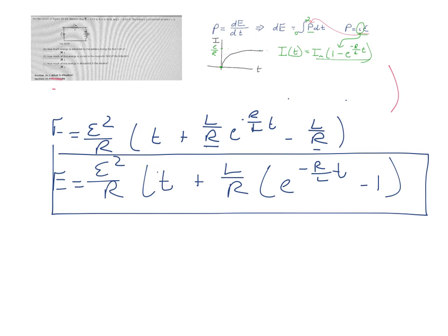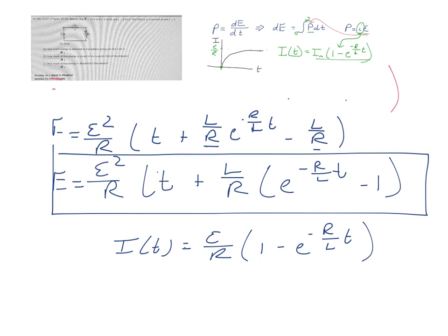Whenever you have to figure out how much energy is stored in the magnetic field of the inductor, you again use the current equation as a function of time, which was E over R times 1 minus e to the negative R over L times t, and then substitute that into the energy for the inductor, as well as you could do it for the resistor.